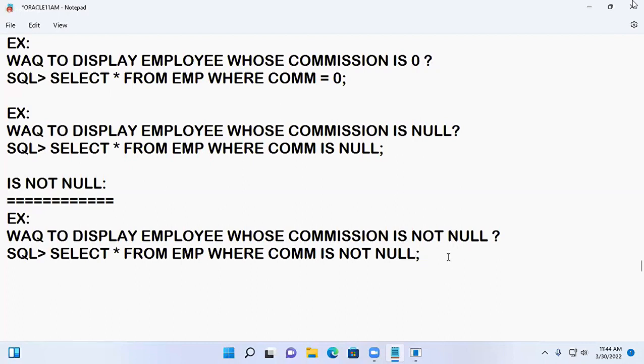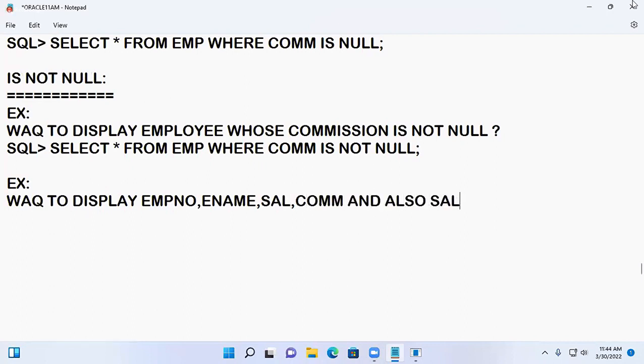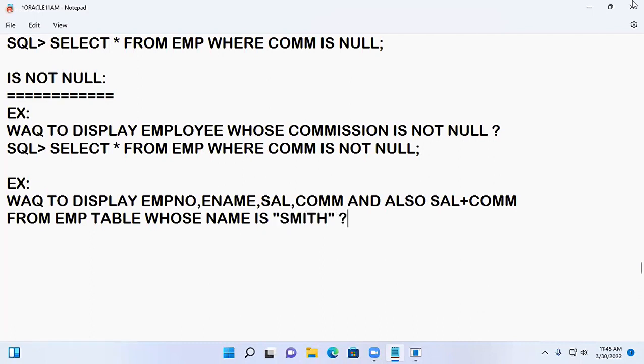And there is one more problem. What is the next problem here? Observe, I will give another example. Write a query to display employee number, name, salary, commission, and also salary plus commission from the EMP table, whose name is, suppose, Smith.